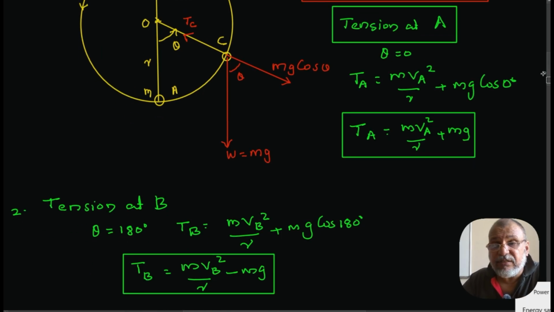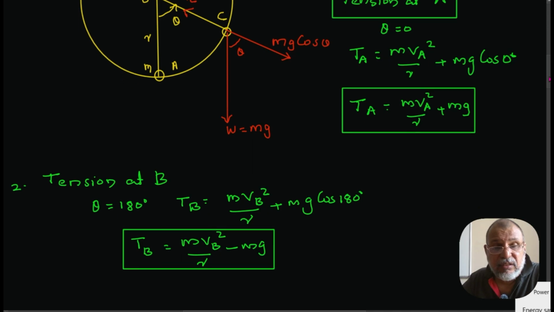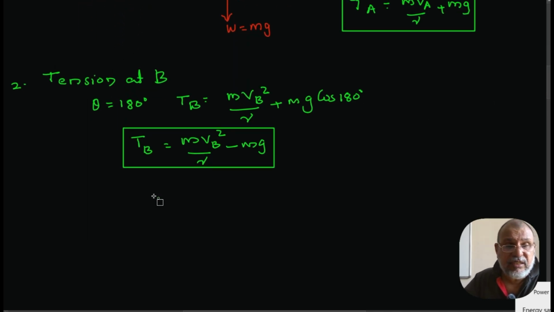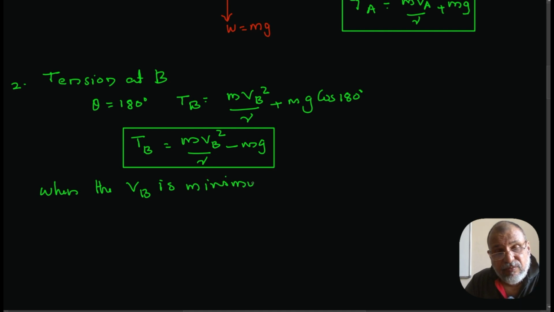Here you can see that it's a special case when vB is minimum. In such a case, when vB is minimum, TB is equal to 0.